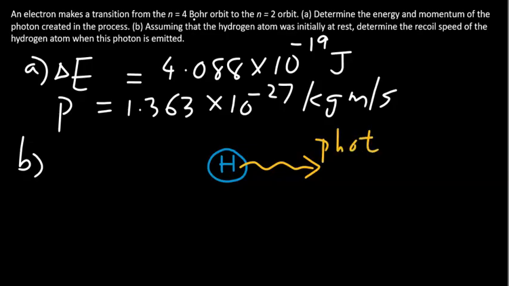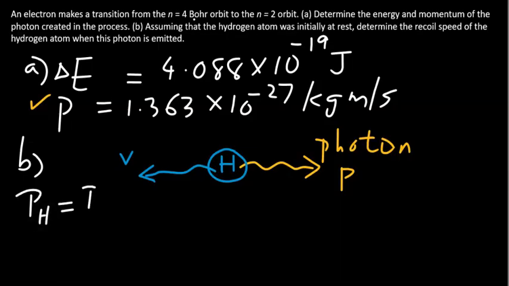Photon with some momentum as calculated here, P. Because the momentum is conserved, the hydrogen atom would move in opposite direction with some speed v. So this is called the recoil speed of that atom. What is this speed? Using the conservation of momentum, we know that the momentum of the hydrogen atom must be the same as the momentum of that photon here.